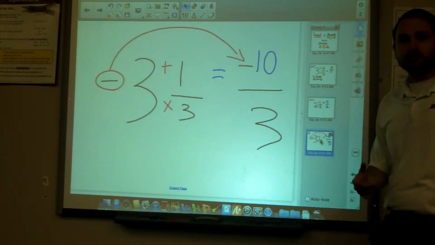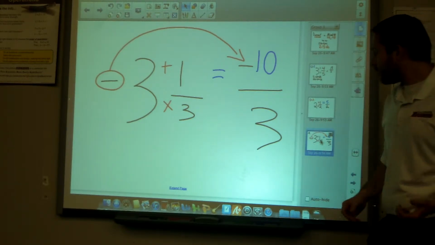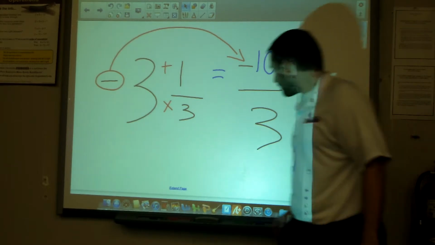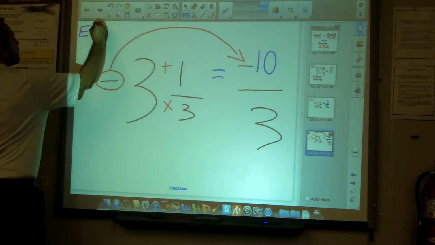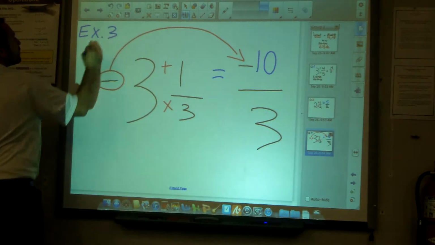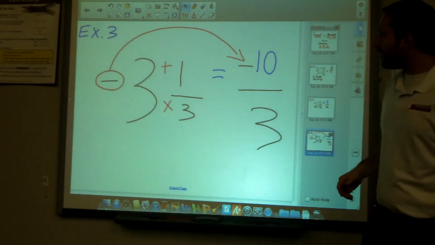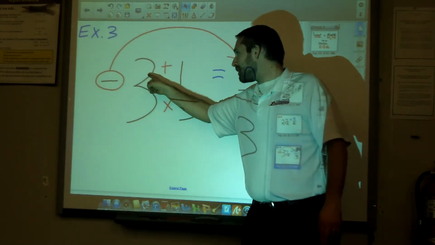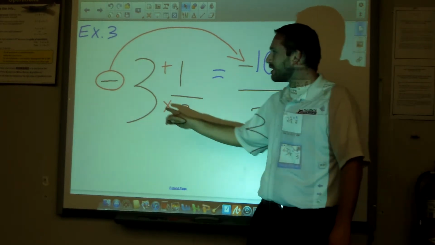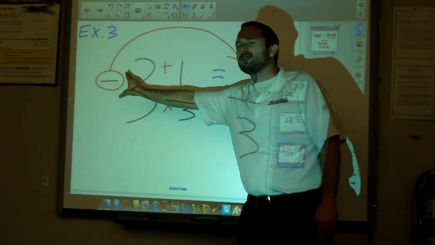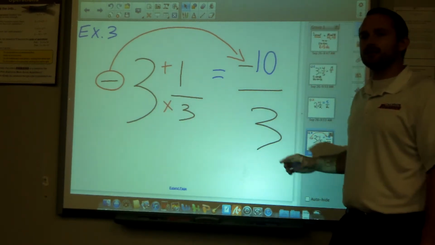Alright, now we can have mixed numbers and fractions that are both negative. So here's example number 3. Write this down. I have negative 3 and 1/3. What I'm going to do is save the negative, because sometimes it's a little confusing, and I'm going to bring it back at the end.